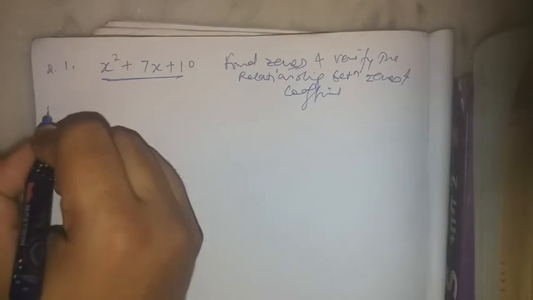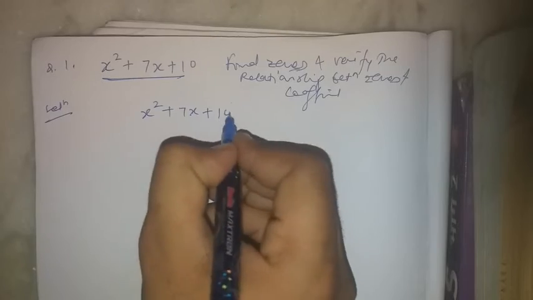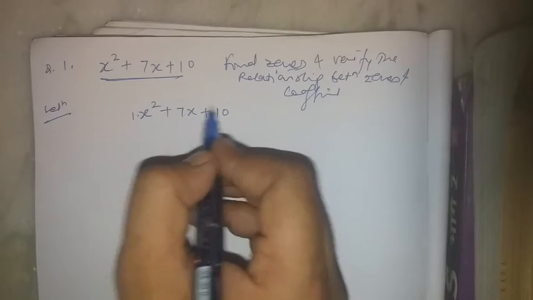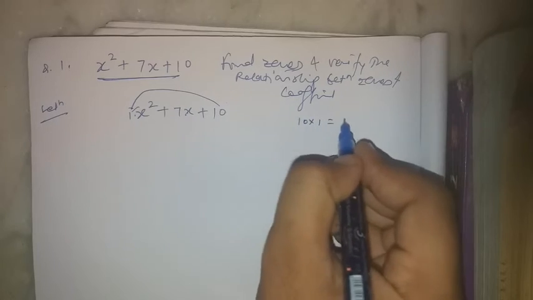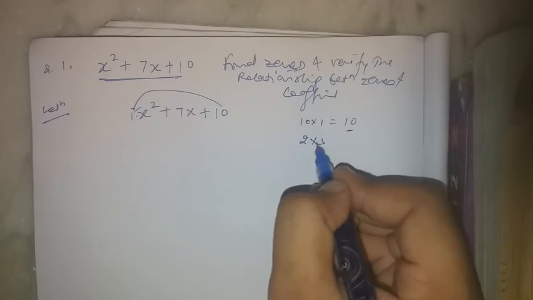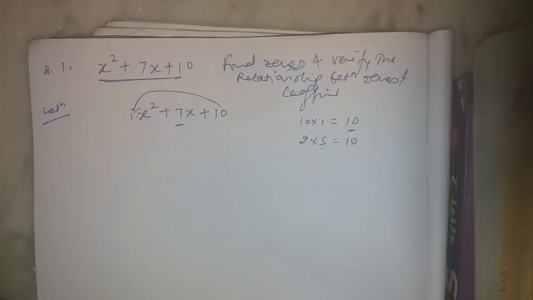Solution: x square plus 7x plus 10. How can we factorize? 10 into 1 equals 10. Now divide 10: 2 fives are 10, and 2 plus 5 is 7.